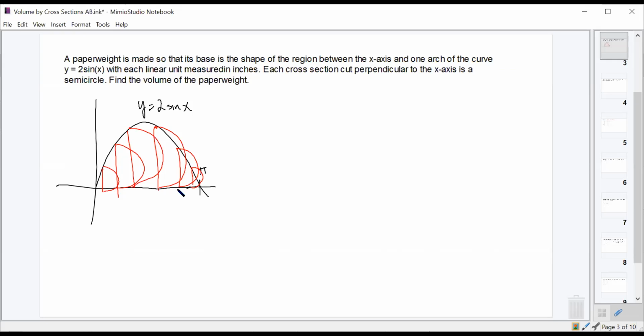So first off, we need to figure out what the thickness of each of those semicircles is. And since they are perpendicular to the x-axis, what should the thickness be? dx still. There'll be dx for this one, right? They're perpendicular to the x-axis. The thickness of each of the little pieces will be dx. What is the area of a semicircle?